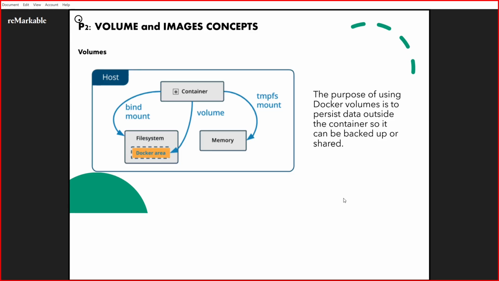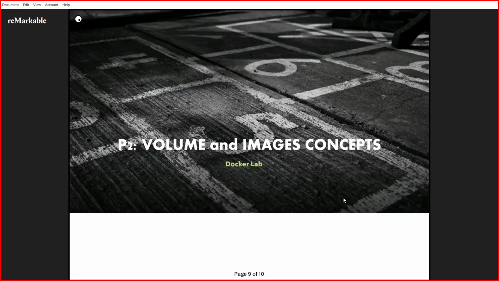Or with DD. Do you know DD in Linux? I have an example, we will see it. But just know about these volumes: bind mount, which mounts the actual volume, and temporary FS. Okay, let's go.